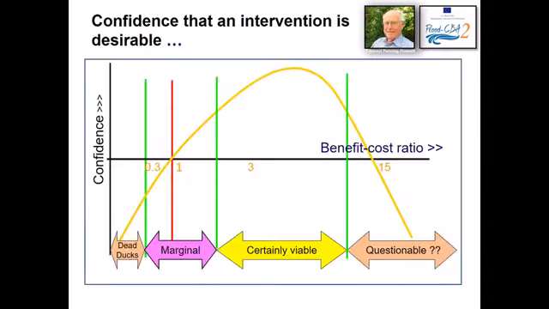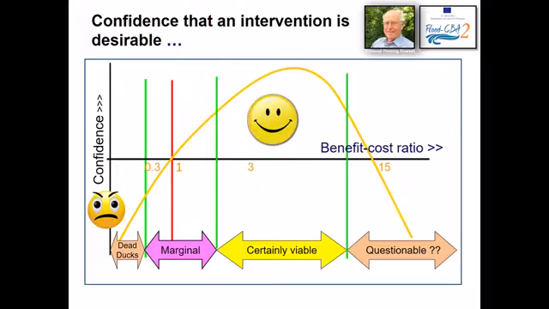However, there are complications in this process, and this is an interesting diagram produced by one of our colleagues at Middlesex University. On the left-hand side, we have things which we've called dead ducks, where the benefit-cost ratio is below even 0.3. You're getting a terrible return for your investment.